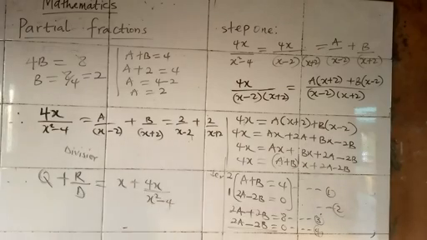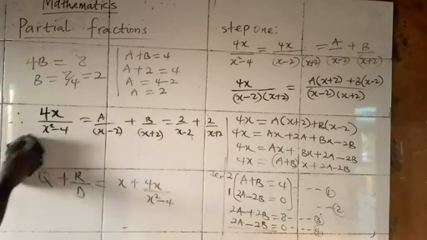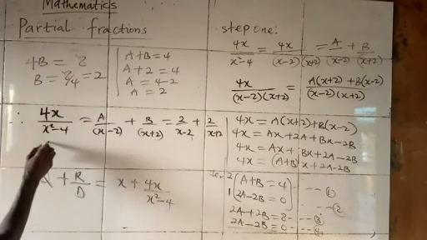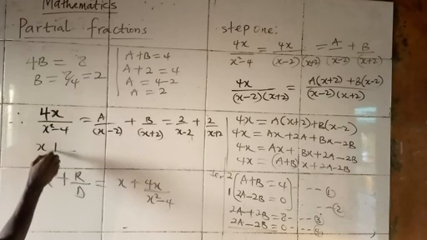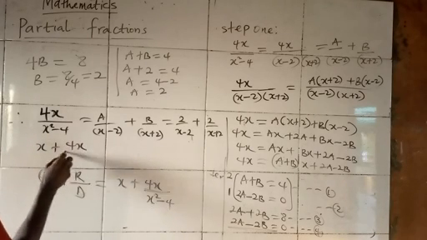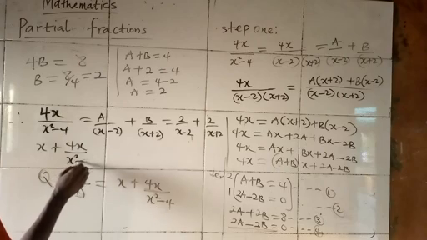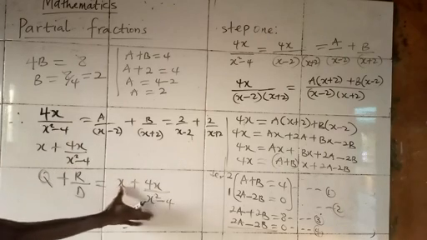Meaning for the final conclusion here, it can be s plus 4s all over s squared minus 4. The way we split it, remember we have done it here.